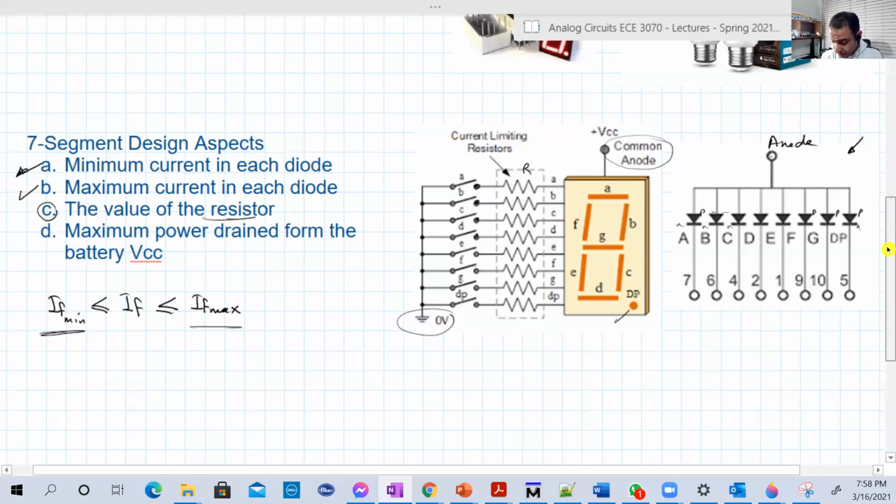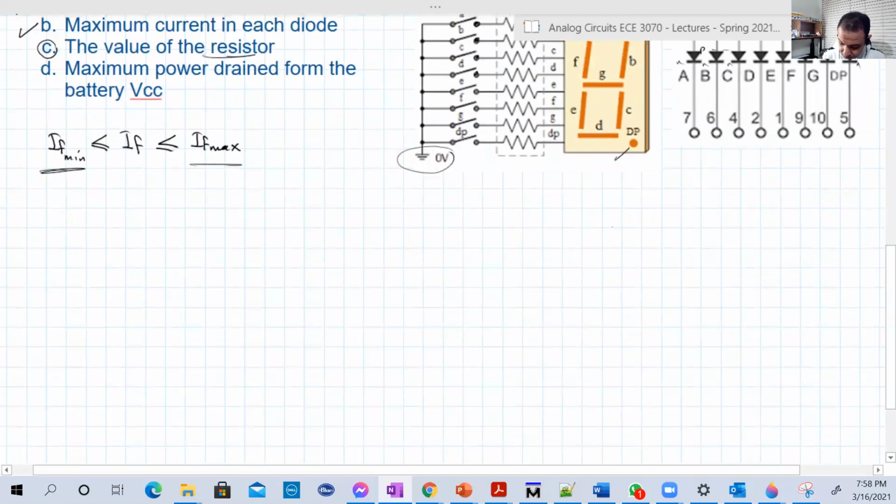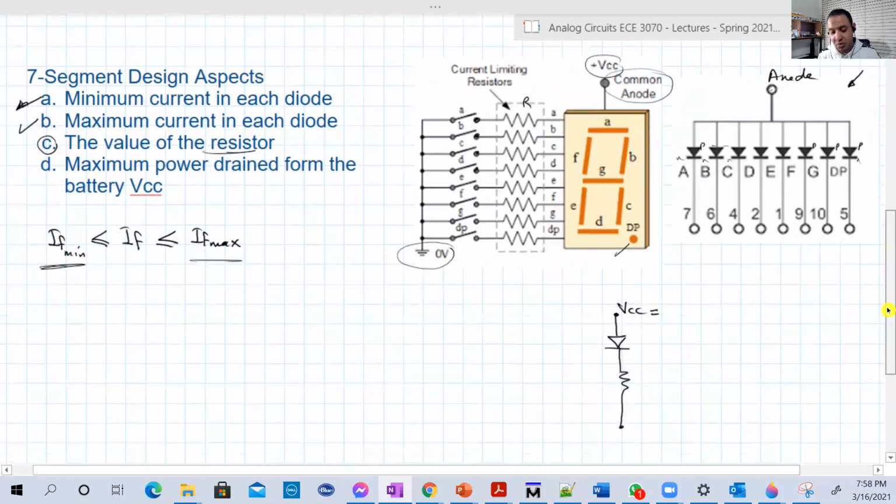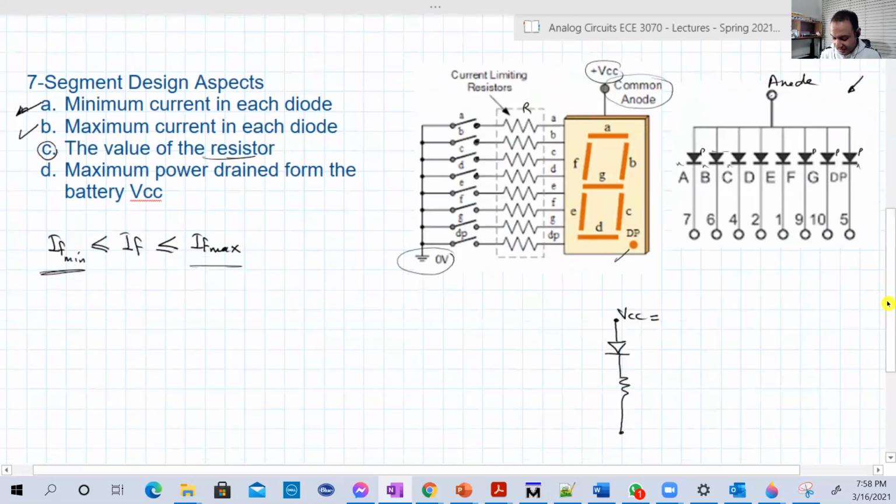Let's take an example. Here is an LED connected to what's called VCC. We will know why we call this high voltage or this battery VCC when we study transistors in the next lecture. So just call it VCC for now, 5 volts for example. Here is R, and here is the ground.